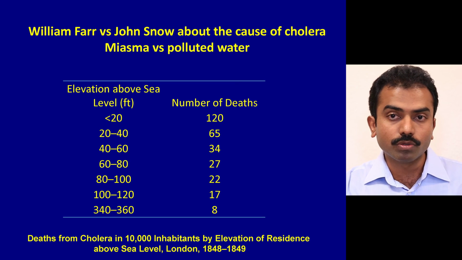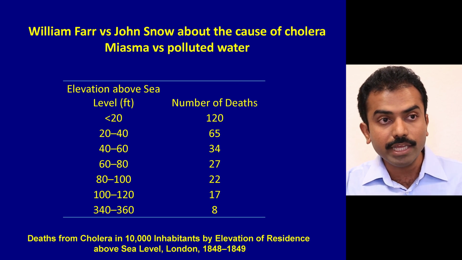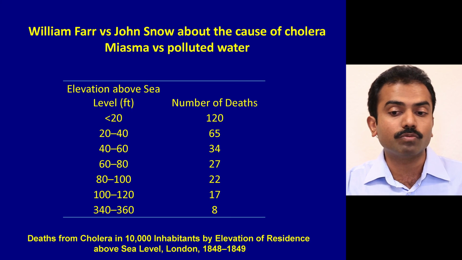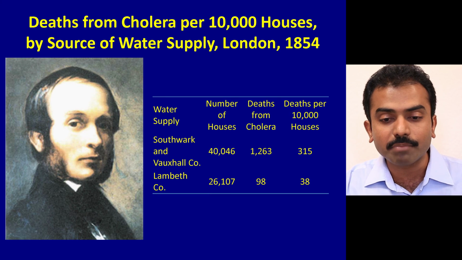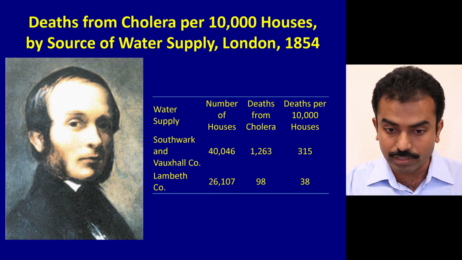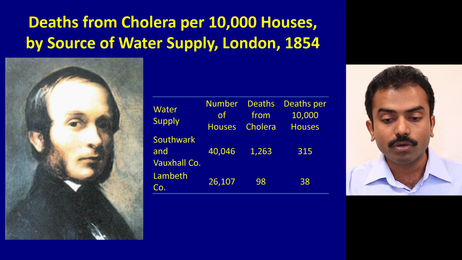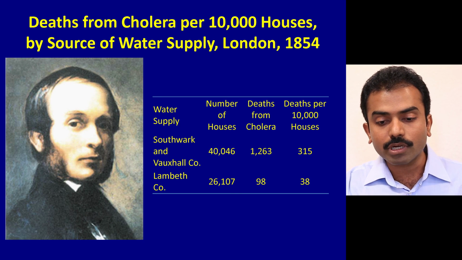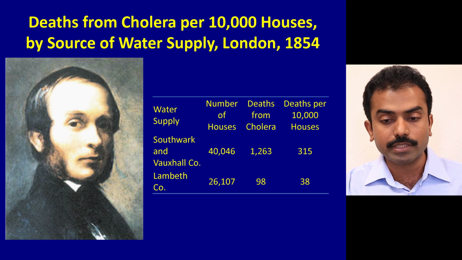Of course, John Snow did not agree with this particular hypothesis. John Snow always believed that it was contaminated water which caused cholera. And so he put together some data supporting his hypothesis. If you look at this particular table here, it shows the company which supplied water to people. And there were two big companies at that time.